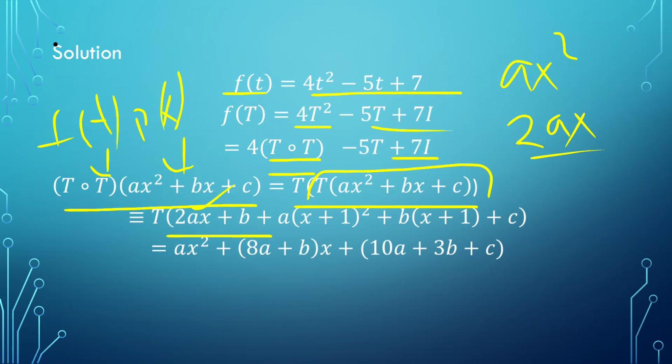Then bx, if you differentiate bx, you get b, because x becomes x to the power naught, which is automatically 1. Then plus the shift. So after shifting, you just do it directly.